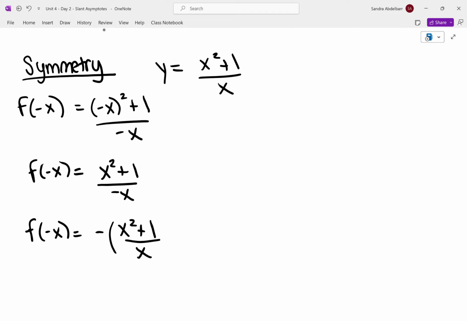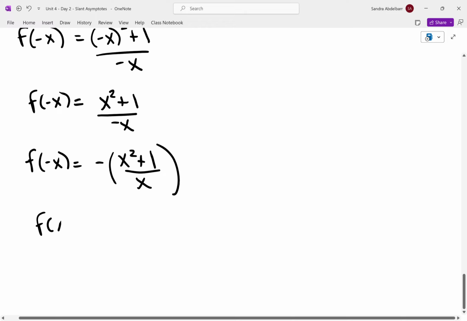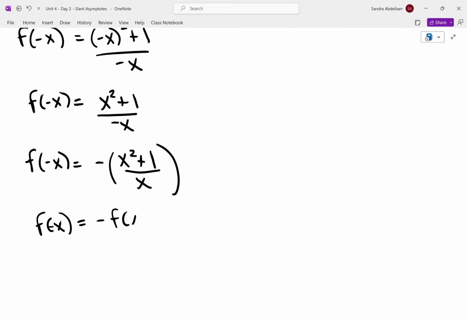Do we agree this is the same as saying the negation of (x squared plus 1) over x? Just pull out that negative 1. Yeah, so what have we gotten? We've now got f of negative x is equal to the negation of f of x. So if you look back in your notes, that was a reflection over the origin.